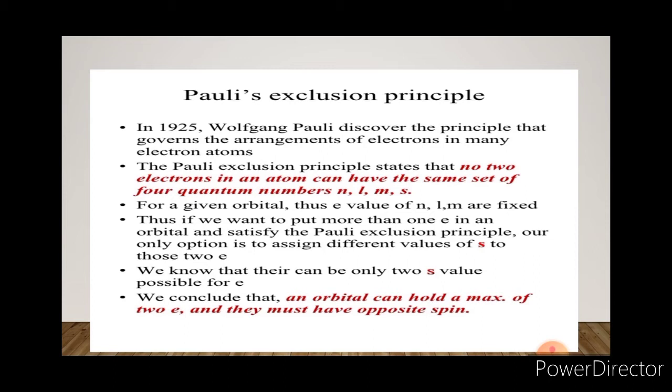So Pauli made the principle that no two electrons within the same atom can have the same values for all 4 quantum numbers, meaning n, l, m, s will not be the same for any two electrons, because the difference can come in s, the spin of the electron.